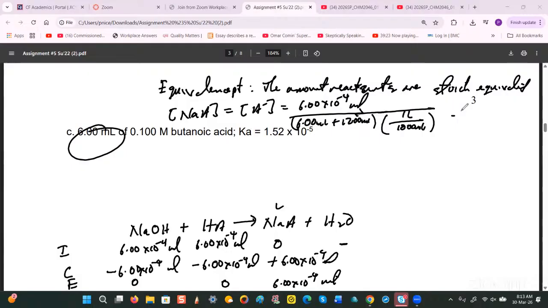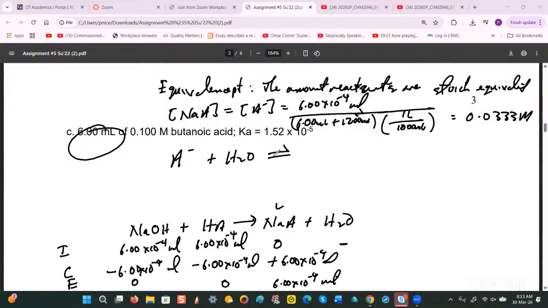And let's see what that gives. So 6 times 10 to the minus 4 divided by 18, which is 6.0 plus 12, times 1,000. Okay, so according to my calculation, this works out to be 0.0333 M.